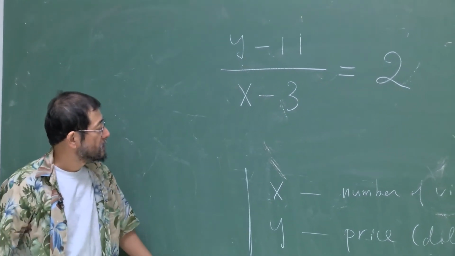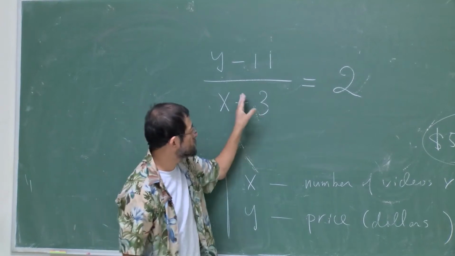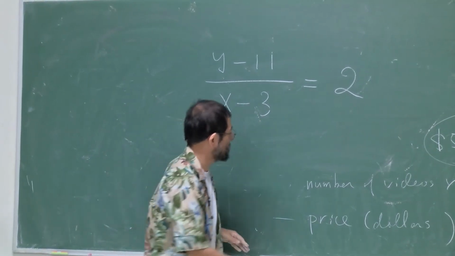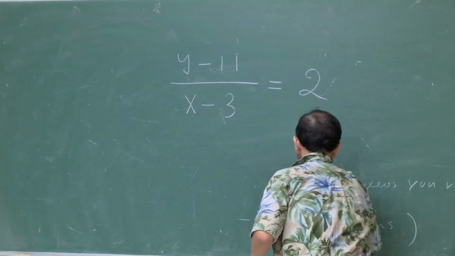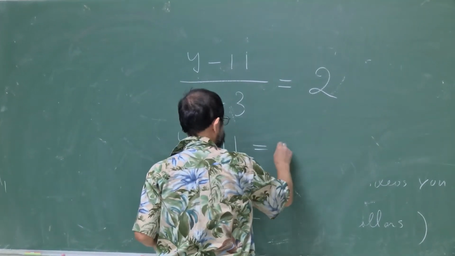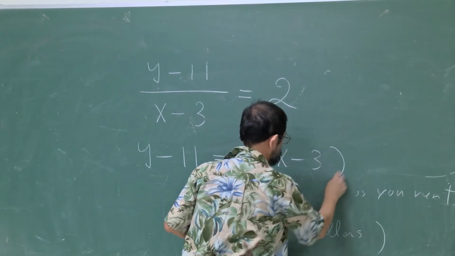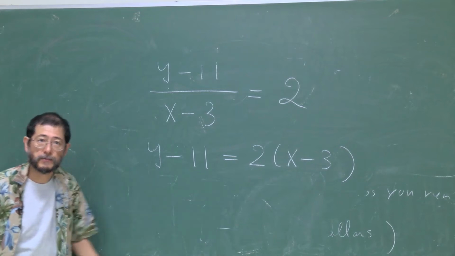You multiply by the denominator to move this one to here. So I multiply both sides by x minus 3. Then what do I get? I have y minus 11 is equal to 2 times x minus 3.